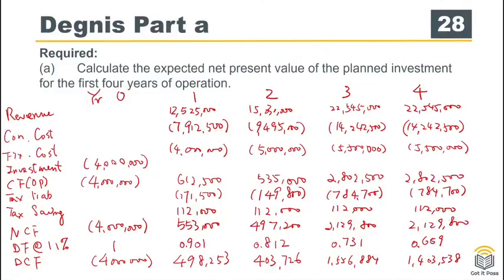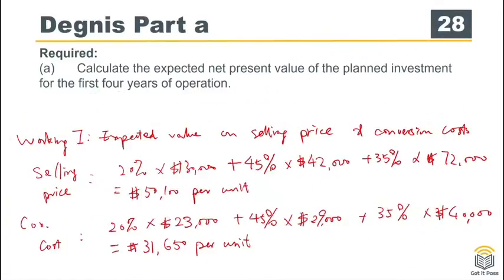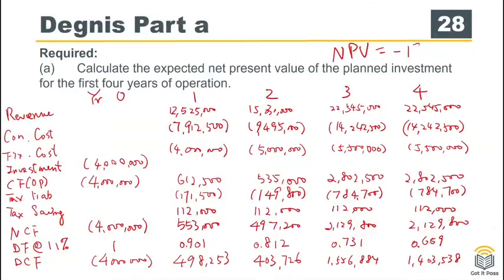So when you sum all the discounted cash flows, you get the NPV here, which is minus 137,599. So here is the answer. The NPV is negative in the first 4 years of operation. So let me explain after the calculation here.